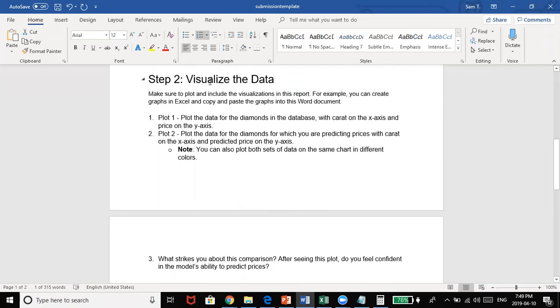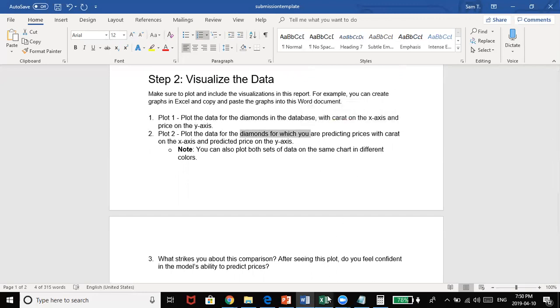This part, step 2, which is visualize the data, is saying plot the data for the diamonds in the database with carat on the x-axis and the price on the y-axis. And you're doing this for the diamonds in the database, and you're doing this for the new diamonds that you expect to buy.